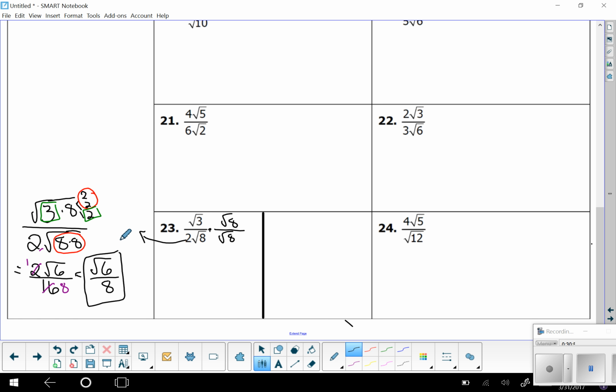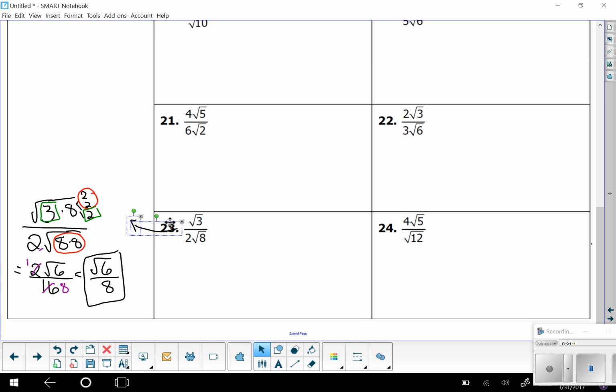Now, the other way I can do this is, so that's if I take it out that way, is if I do this. I can break this down right now. That goes out, that stays in. I have the square root of 3 over, this goes out, multiplies, that gives you 4 square root of 2.